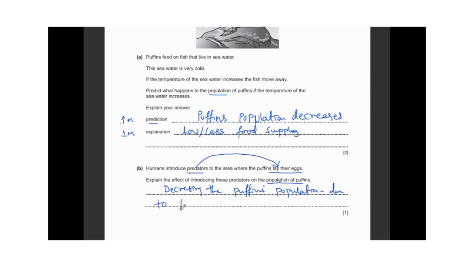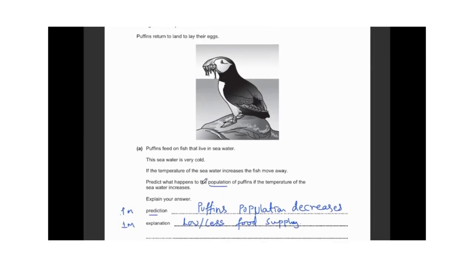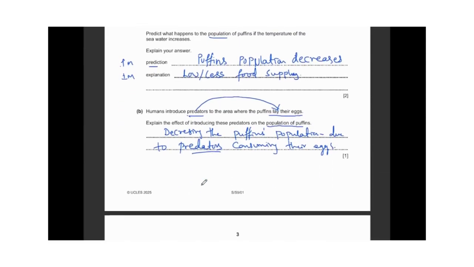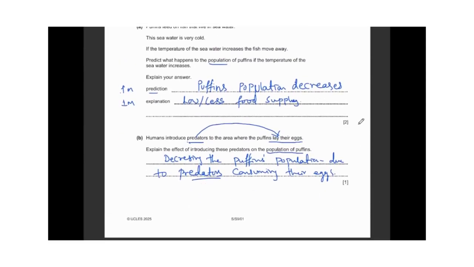Due to the predator, due to the predator consuming their eggs. Fine, so this is what the effect will be. So we have seen the first question, which is related to our biology, and its total marks, you can see here 2 plus 1, it is for 3. So in biology we got 3 marks.